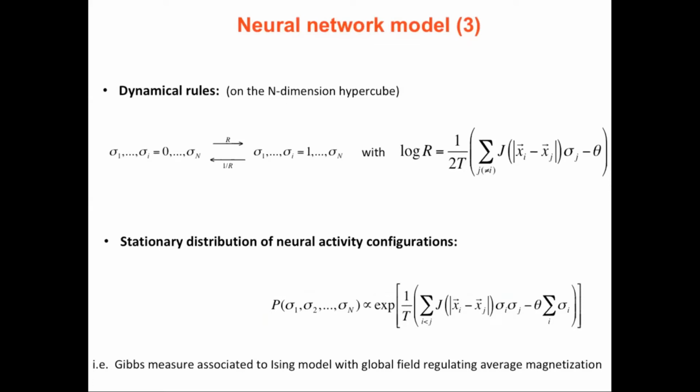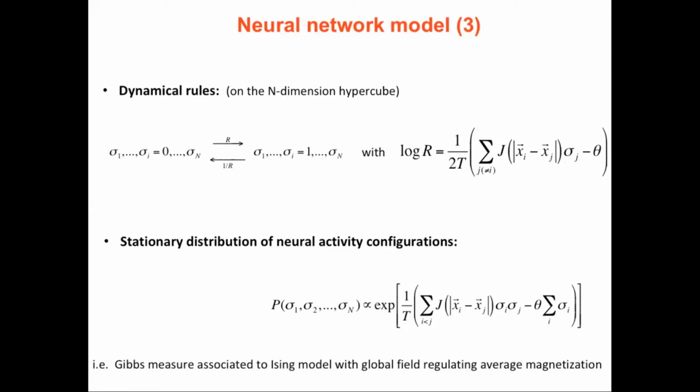So the joint probability of all the N states of neurons will be the exponential of minus some formal energy, which is given by the terms here: the sum over all pairs of neurons i and j of sigma i sigma j weighted by the interaction coefficient Jij, minus theta times the sum over i of sigma i. So theta plays the role of a negative magnetic field, and T plays exactly the role you would expect from temperature in statistical physics.